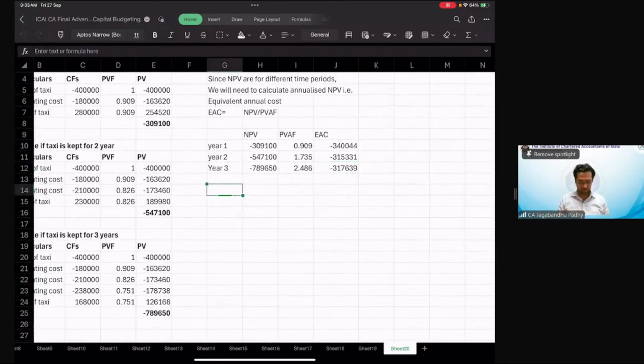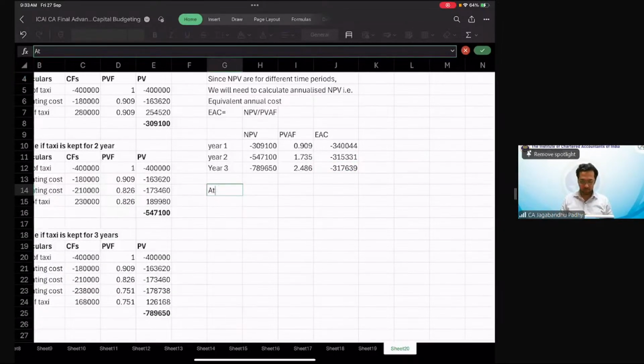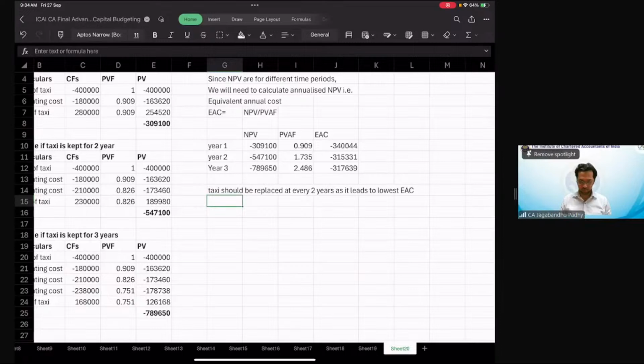So we can say the taxi should be replaced every 2 years, as it leads to the lowest equivalent annual cost. Oja is asking, since these amounts are still negative, how can they decide?